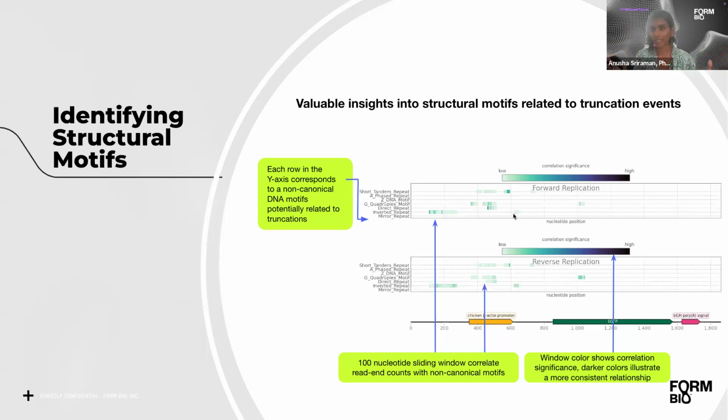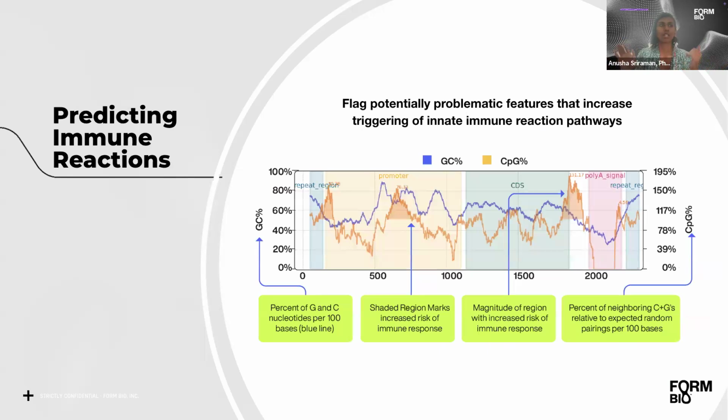And now that we've covered the structural motifs, let's move on to another critical factor in vector design, which is the GC content and CpG islands, which are closely linked to immunotoxicity. Herein, we're looking at the GC content across the construct, and whether we identify any CpG islands. In this case, we see a couple of CpG islands indicated by the orange line throughout.